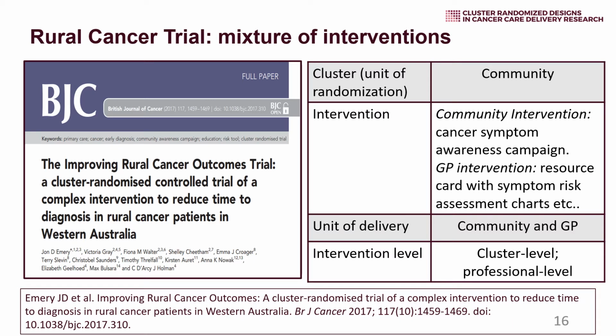And then there were also other components to the intervention that targeted the general practitioner. And these included things such as a resource card with symptom risk assessment charts, etc. So the unit of delivery here was both the community and the general practitioner. And so this therefore means that the intervention is targeting both the cluster, or is delivered at both the cluster level and the professional level.